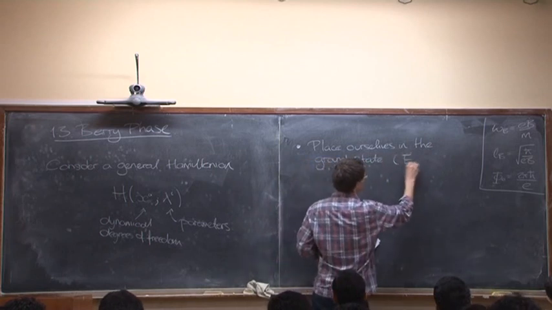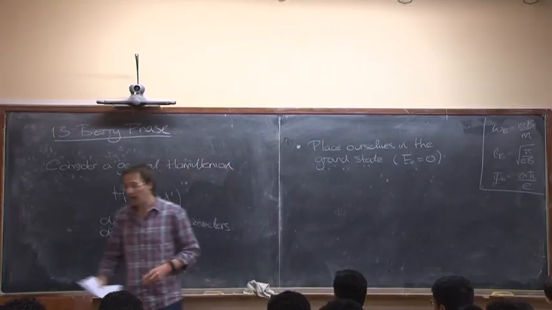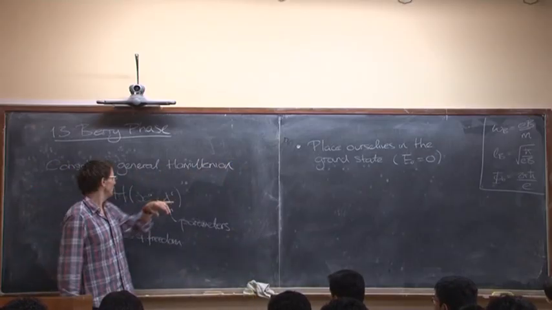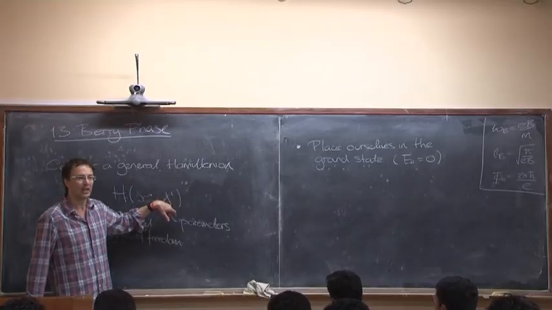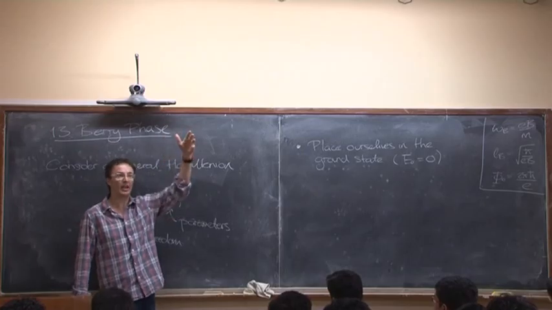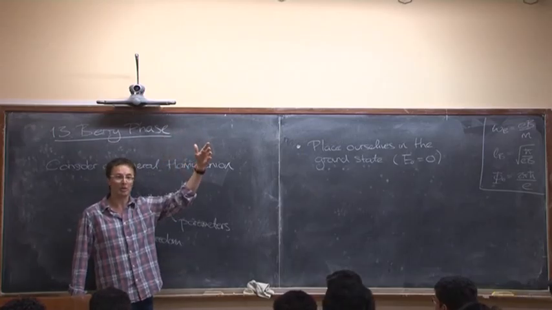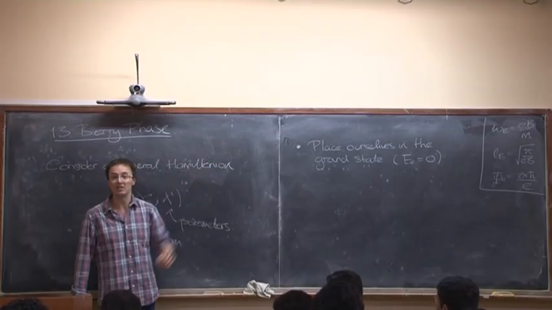And we're going to take the ground state for simplicity to have energy equals 0, for all values of the parameters. Because if the energy is not 0, there's always this dynamical phase, e to the minus i times energy times time, and we want to get rid of that because it's an annoyance.